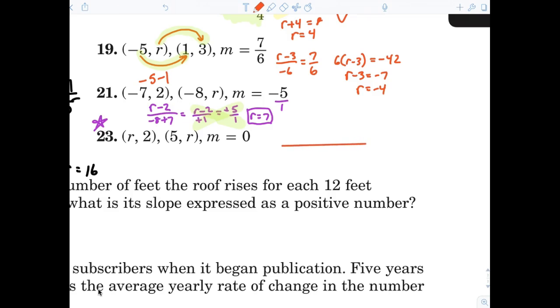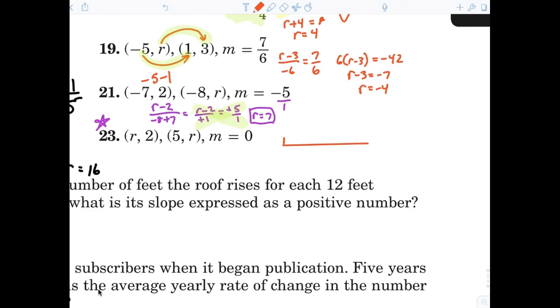That means you didn't go up any. So the y minus y must equal 0. Do you agree? Which means the y values have to be the same. So what is r? Obviously, positive 2, right? It has to be 2. R has to be 2. Is everybody with me on this?